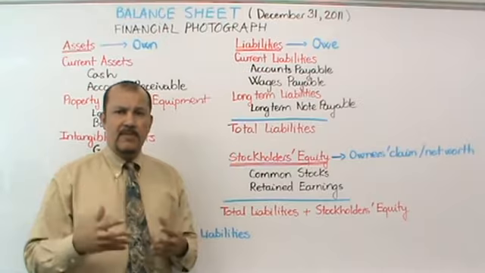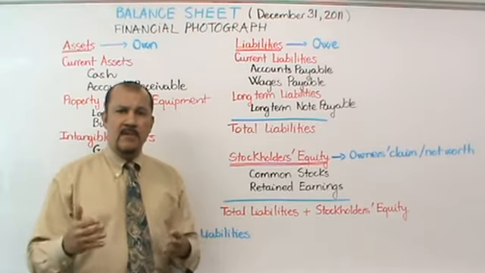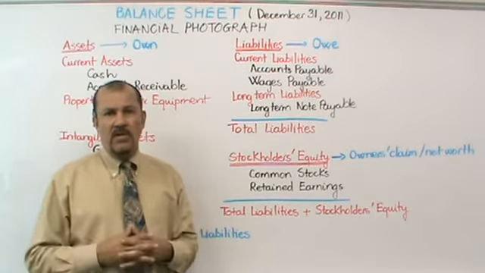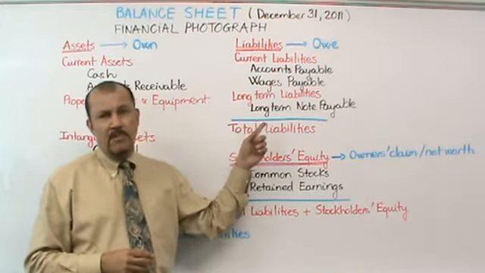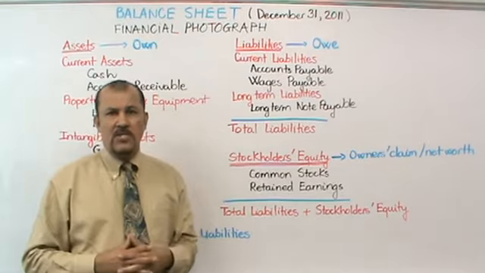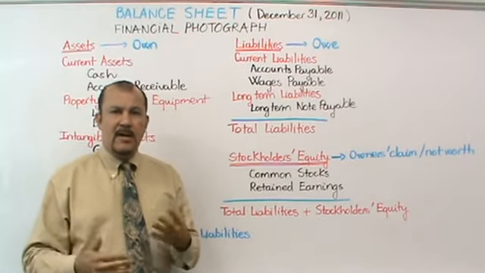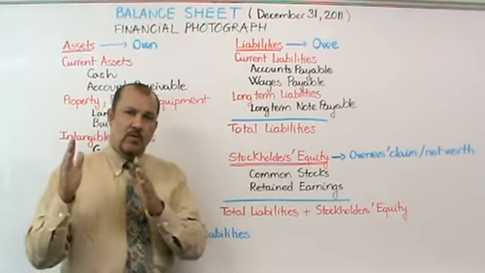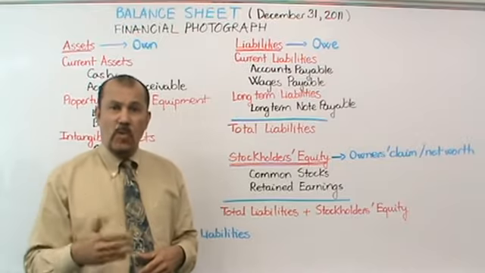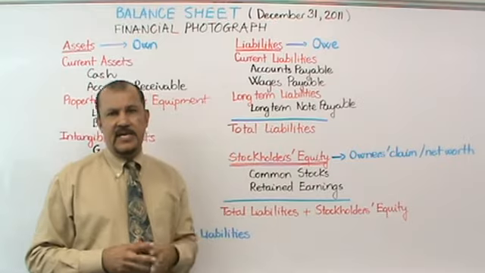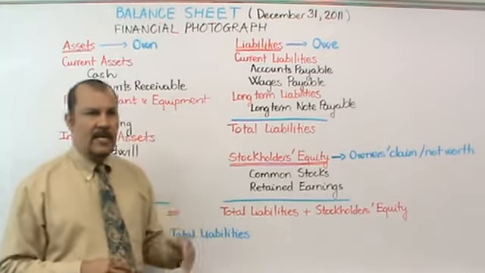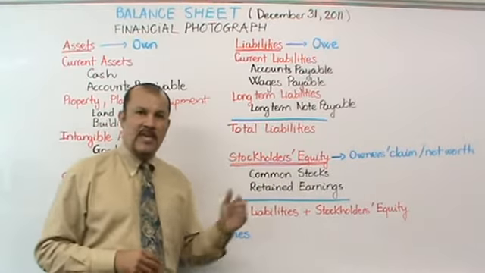So all the principal balance that you owe on your car past 1 year, after making 1 year of payments, that principal would be reflected in your long-term notes payable. The amount of the original loan that you have to pay off within 1 year, that would be classified in the current liabilities section. Then we'll talk a little bit about the stockholders' equity.